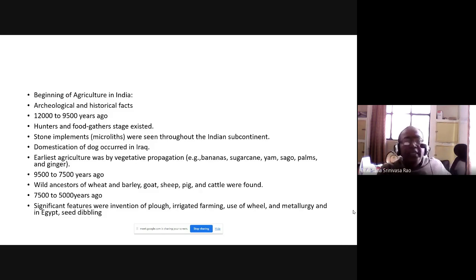Stone implements were seen throughout the Indian subcontinent. Domestication of the dog occurred in Iraq. Earliest agriculture was by vegetative propagation, like banana, sugarcane, yam, sago, palms, and ginger. These agricultural foods became visible from that time onwards.